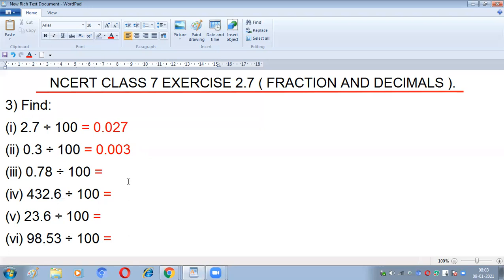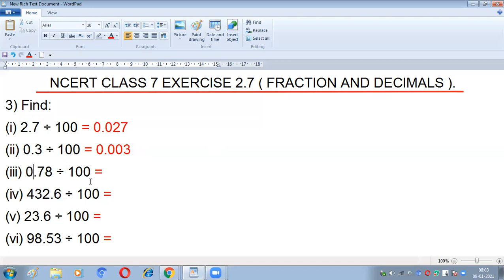So our answer will be 0.003. Let's move to the third bit, and the third bit is 0.78 divided by 100. Here are two zeros, and 100 has two zeros, so we will move two digits.